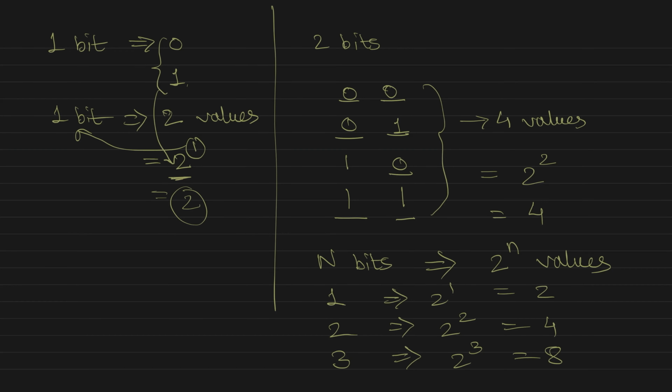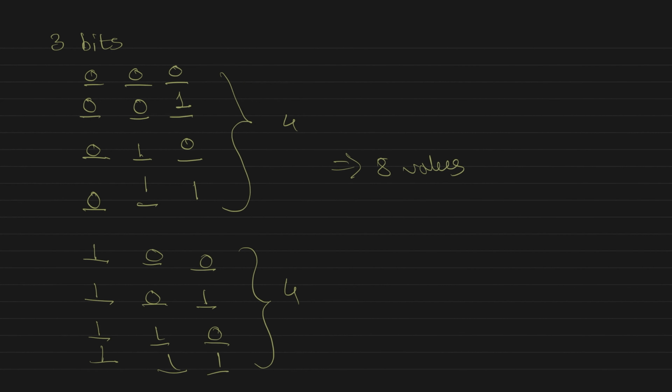Now, given these values, what is the range that we can store? My first number is always 0 and the last number is all ones, which in this case is 7. So if my first value is 0 and the last value is 7, and in total I can store only 8 values, I can store from 0 to 2 raised to n minus 1, right?